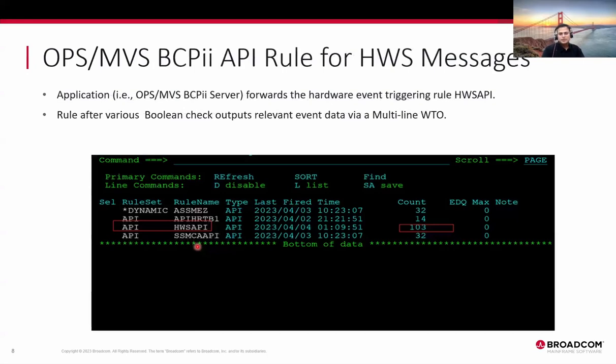Now, how it gets activated on the OPSMVS side is when the BCPii API rules for the HWS messages come over to the OPSLOG. There are some generic APIs which can be coded. Like on this screen, you can see there is a rule name which is HWS API, which is for the hardware messages.